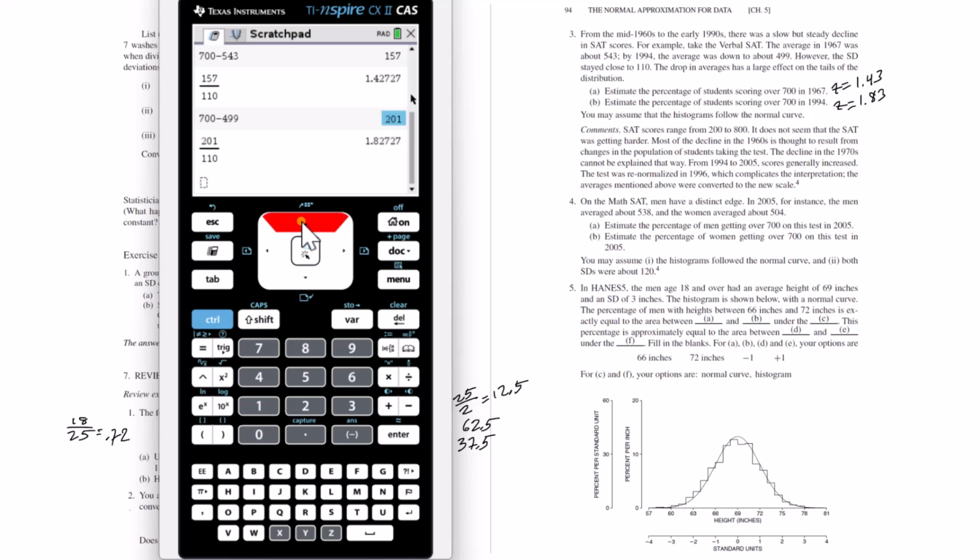So for those who scored over 700, we want to solve for the area where the upper limit is infinity and the lower limit is 1.43. So that's 7.6%.